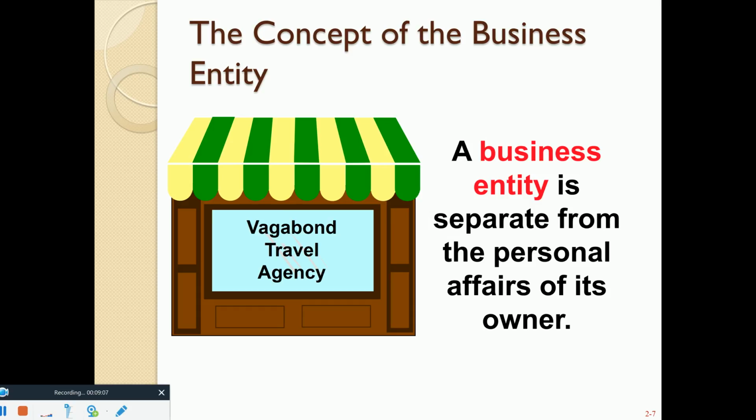Before I go through that, this is a very important slide, and this is a big pet peeve of mine as well. Take a look at what this says. A business entity is separate from the personal affairs of its owner. Me, as a CPA, this bothers me to no end.